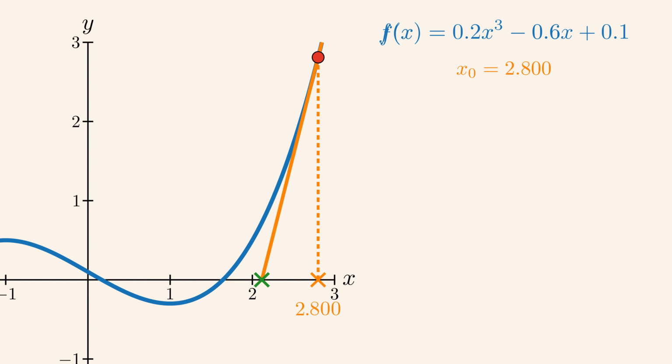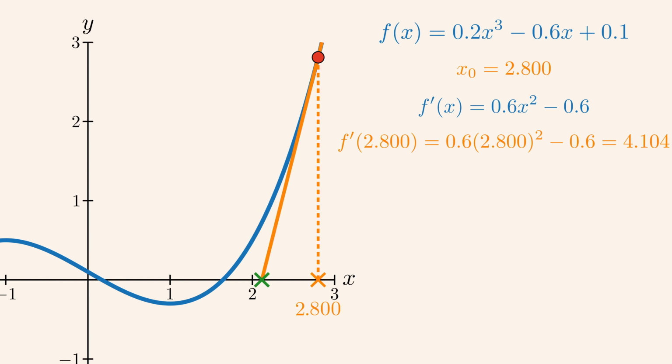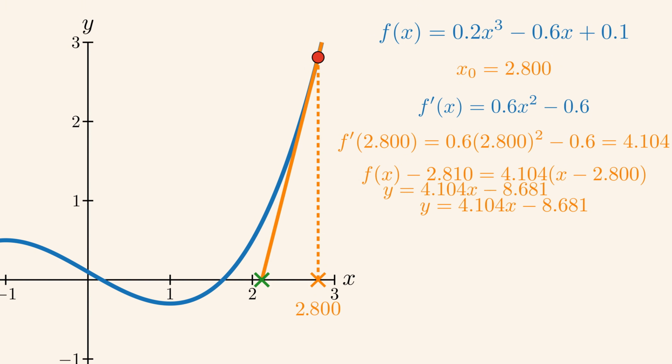To do this, we first differentiate the blue function. This lets us find the slope at x of 2.8. Then we substitute the slope and the coordinates of the red point to find the equation of the tangent line. The green point is where the tangent line equals 0. This happens at approximately x of 2.1.